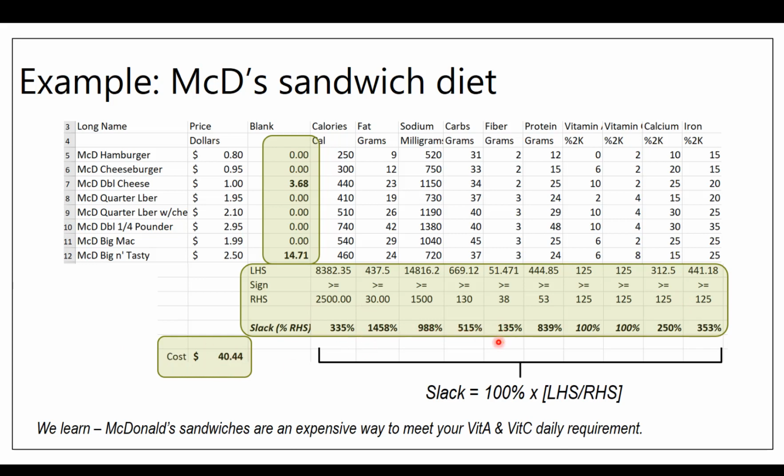And then, of course, the real kicker is that you are just meeting the vitamin A and vitamin C requirements, and for everything else, for the most part outside of fiber, you are more than double what you need. And in some cases, well beyond what you're looking for.